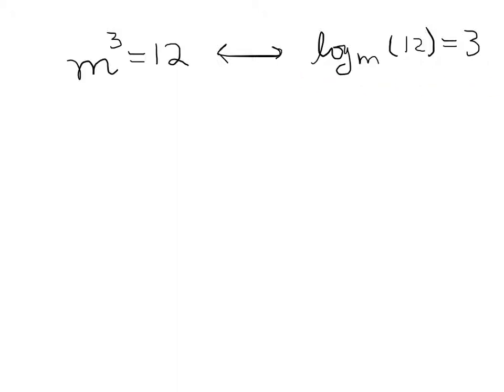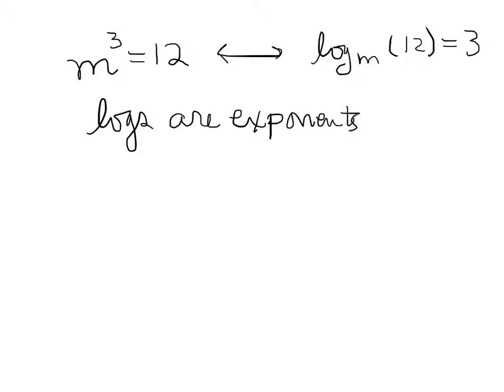When we look at the logarithmic expression, log base m, here's the base, of 12, that's the result, equals 3, and 3 is the exponent. So sometimes you may hear a teacher saying that logs are exponents, which means that this piece of it, what the log base m of 12 equals, is the exponent.